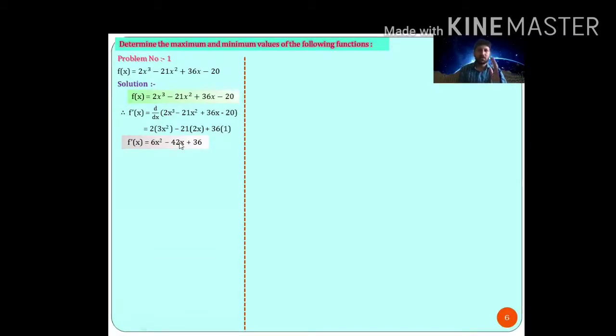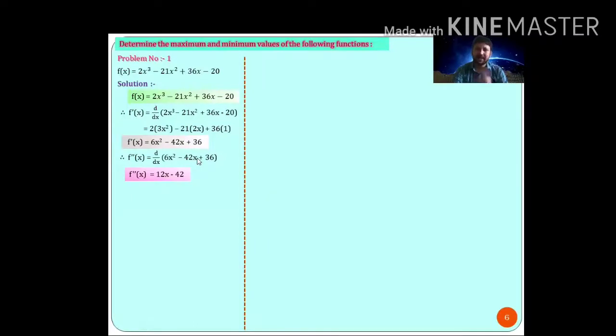After this f'(x), we have to find one more derivative, that is f''(x). So again differentiate with respect to x. f''(x) is d/dx of 6x² − 42x + 36. Take the derivative of each term separately: 6 times the derivative of x², which is 2x, and 42 times the derivative of x, which is 1.